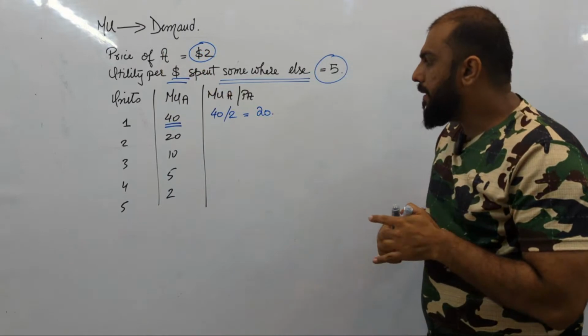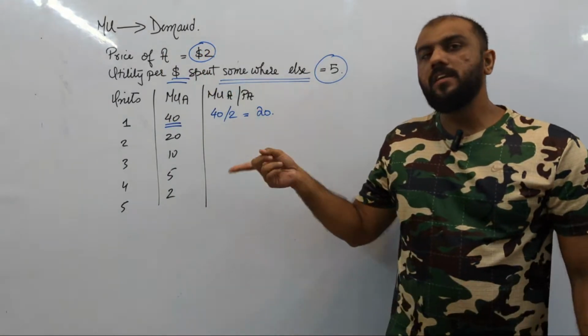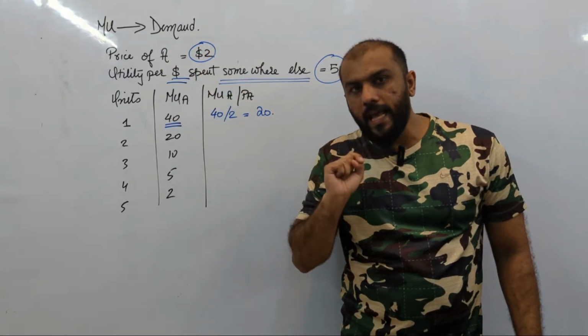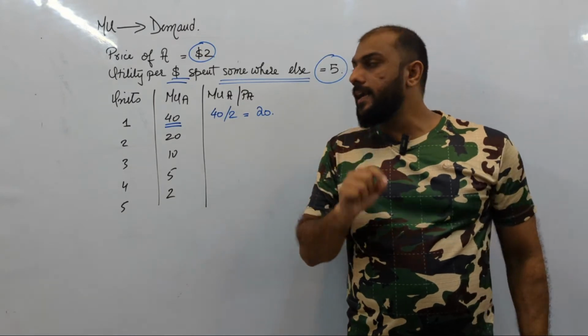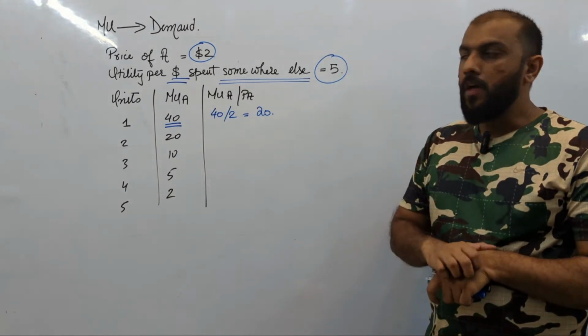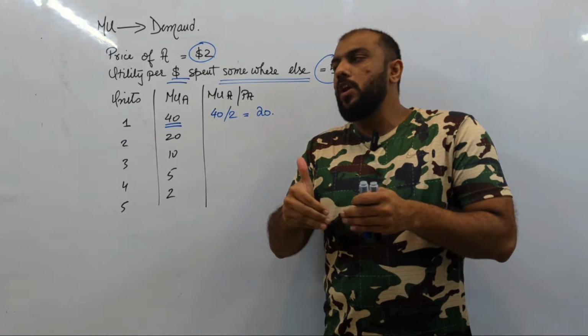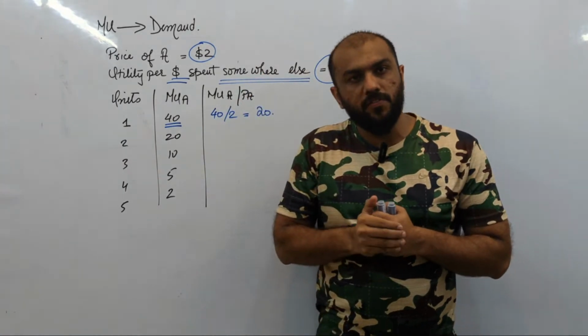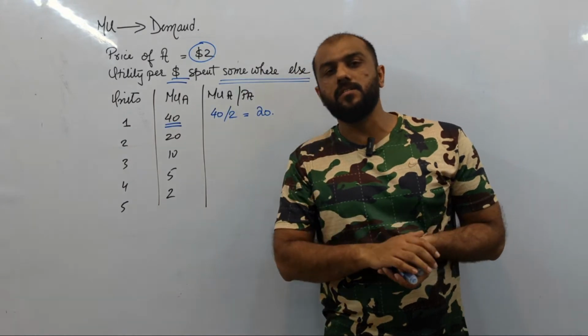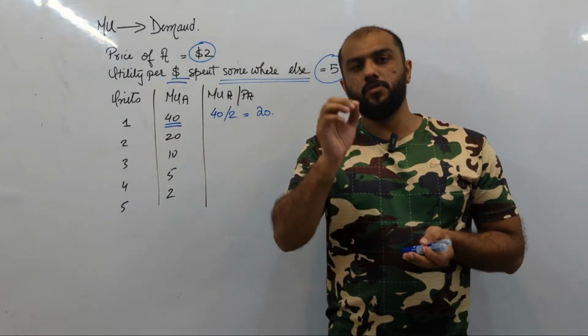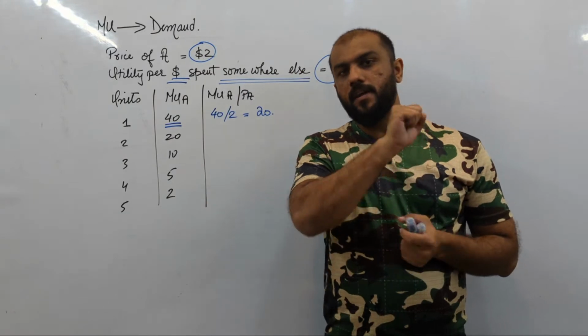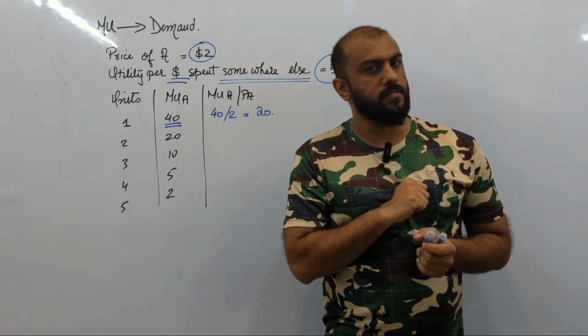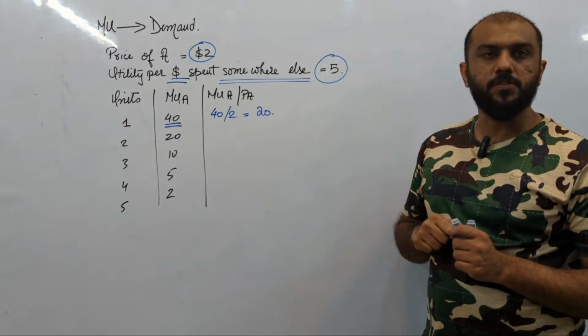So this 20 basically means that when I spent $1 on A, I get a satisfaction of 20. Whereas if I spend $1 on something else, I get a satisfaction of 5. So as a rational consumer, my objective is to spend my money in such a manner that my utility maximizes. So I'm going to consume the first unit of A.